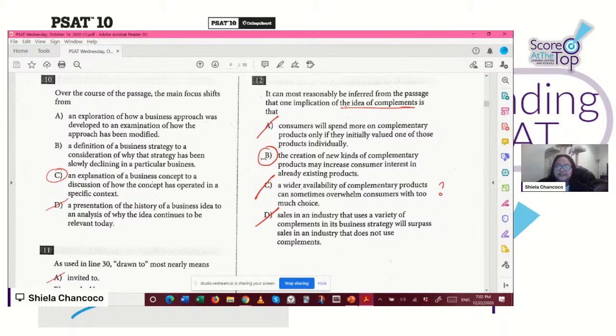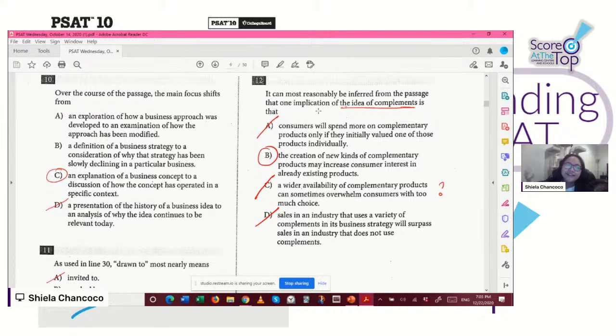The first thing is you read the first part of the question, right? "It can most reasonably be inferred from the passage that one implication of the idea of complements is that." Okay, so basically your anchor to the passage, to where you want to look for the idea, is the idea of complements. They tell you that.